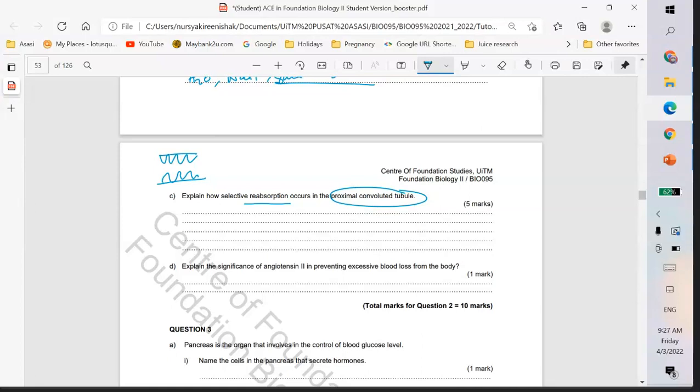So that is a point you could include in your answer for question C.